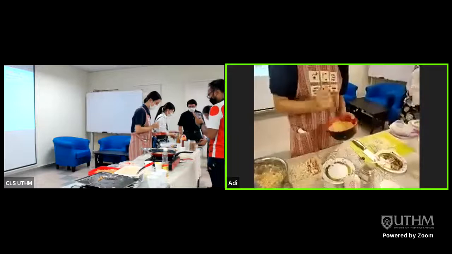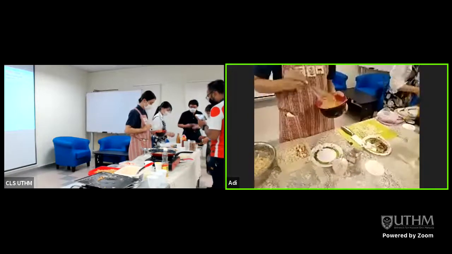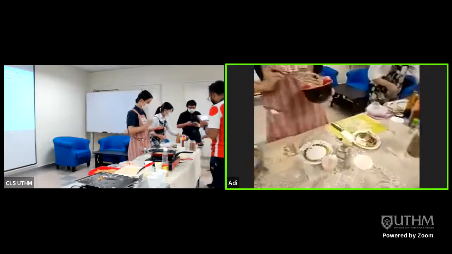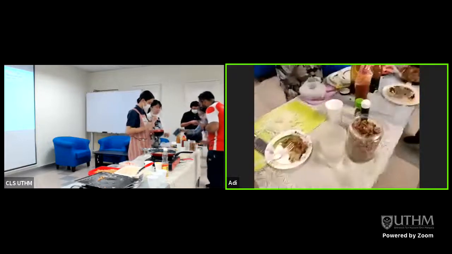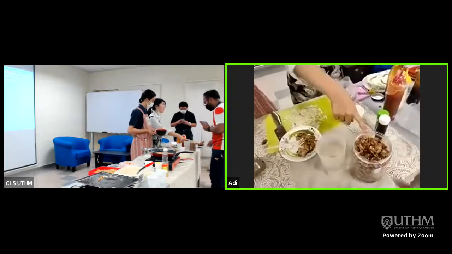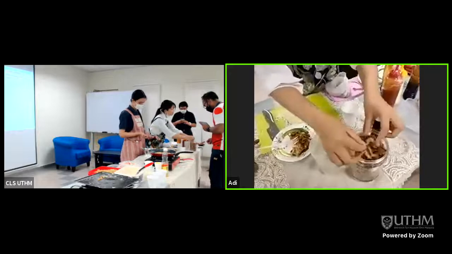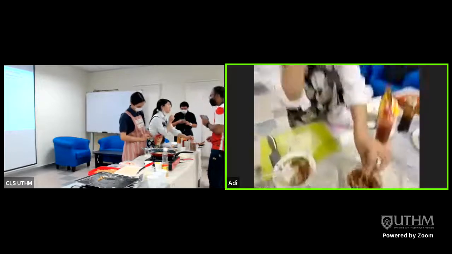Slowly. What is this? Dried tuna. Ah. So cut it and it becomes dashi or flavor seasoning.